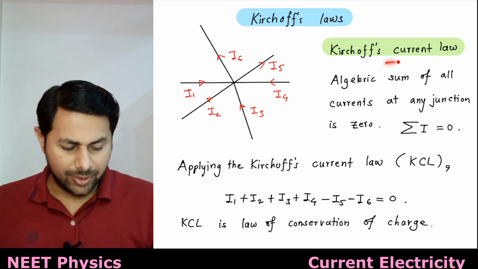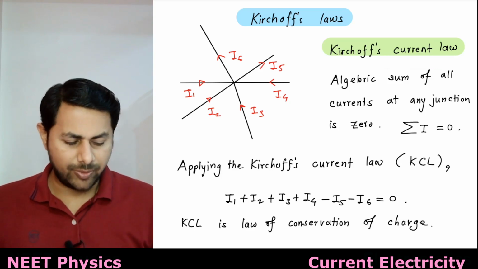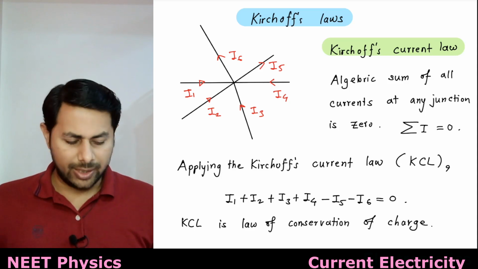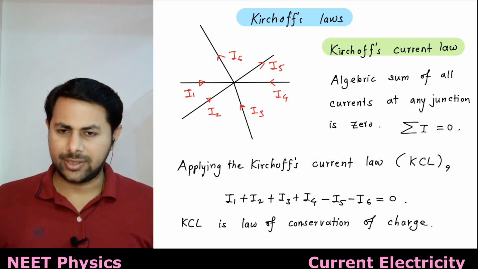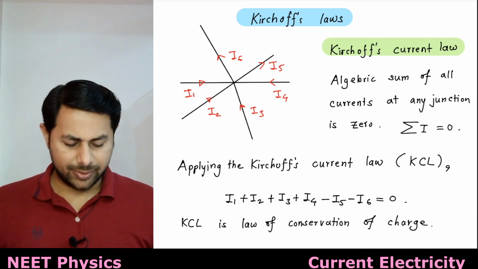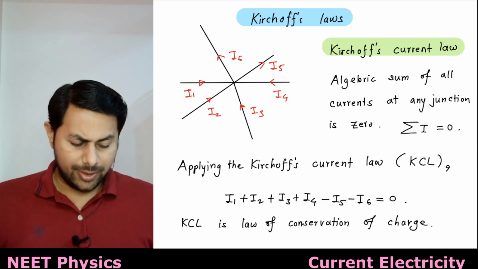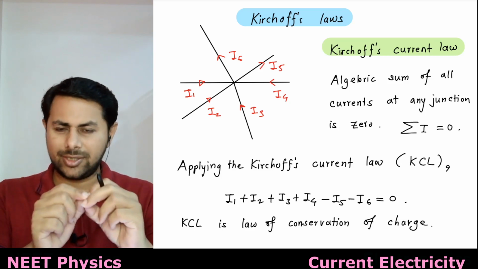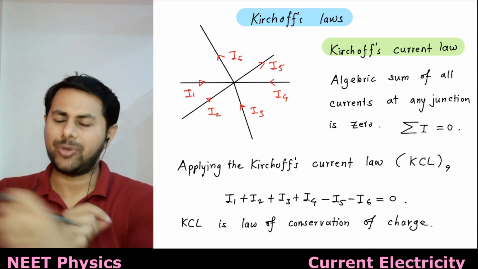So Kirchhoff's current law says that the algebraic sum of all currents at any junction is equal to 0. Okay, then what does that mean? Whatever charge is coming towards the junction must be equal to the charge going away from the junction.